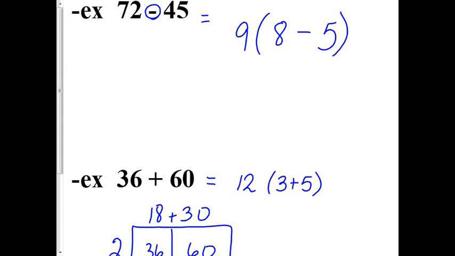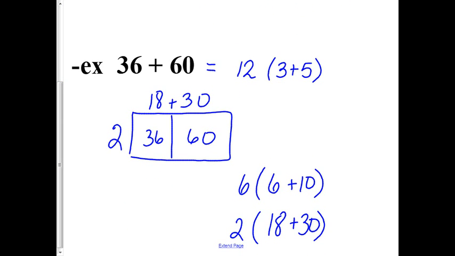If you look at the ones we did for 36 plus 60, notice that in the two that I said were correct, but they weren't the best factorizations, don't 6 and 10 still share a common factor? Yeah, they do. They share 2 as a common factor. 18 and 30 also share a common factor. They share 6 as a common factor.